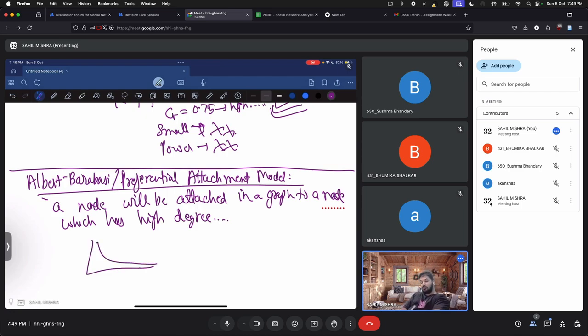So this graph won't become a straight line, because these nodes will not jump here, because these nodes have less degree. But these nodes have high degree, so it will always follow this shape.